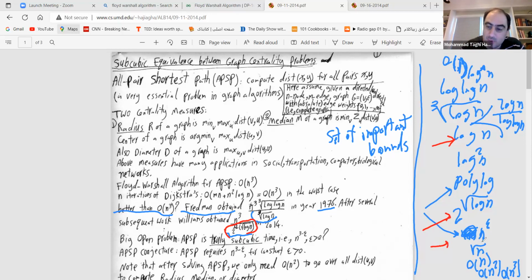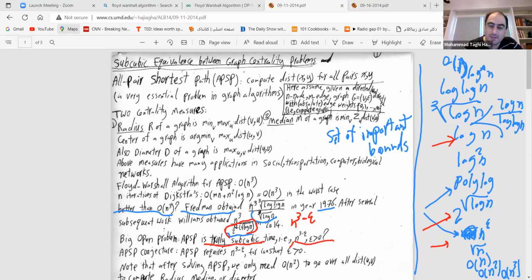Because if we can, then the running time would be n to the 3 minus epsilon. And that's exactly the main open question, the big open problem: whether there is a truly subcubic algorithm, which is n to the 3 minus epsilon for some constant epsilon, for all pairs shortest path.